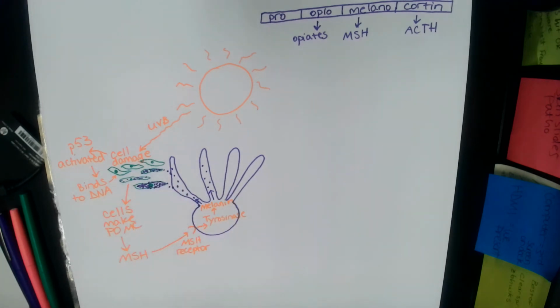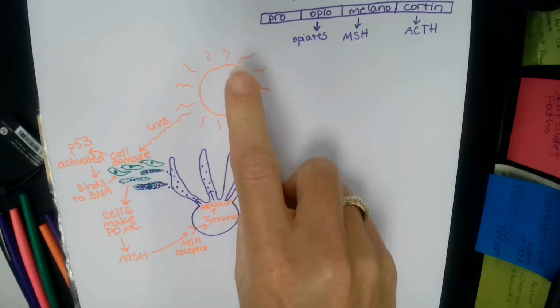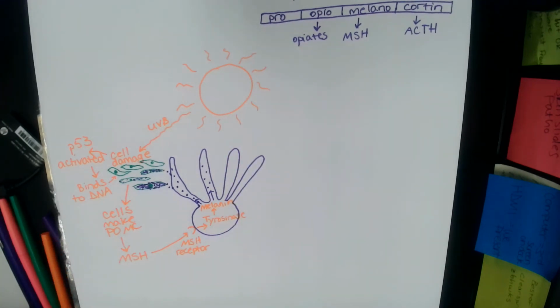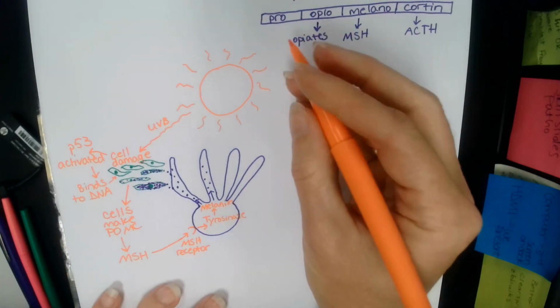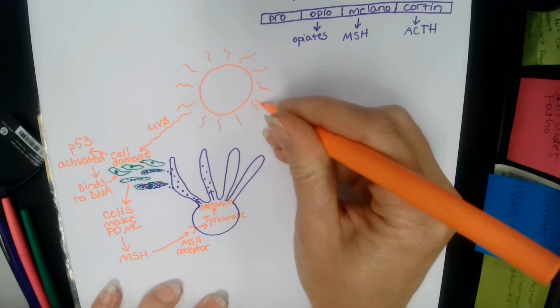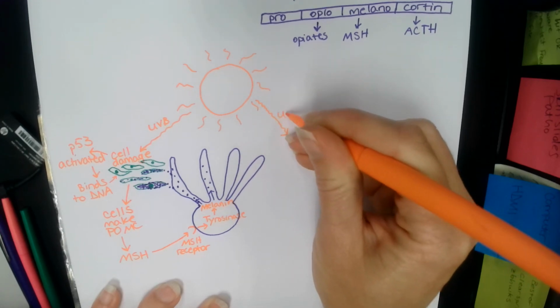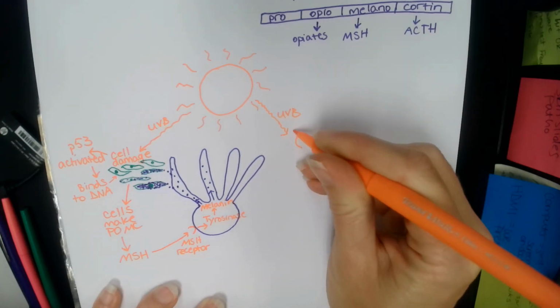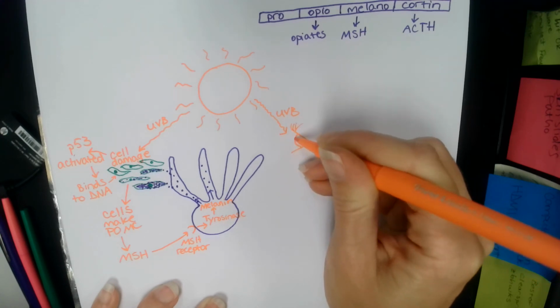The other way that the UVB rays can stimulate tanning in our body is through the eye. So these UVB rays, again, coming from the sun, they are going to come in contact with the eye. So we go outside and we're blinking.